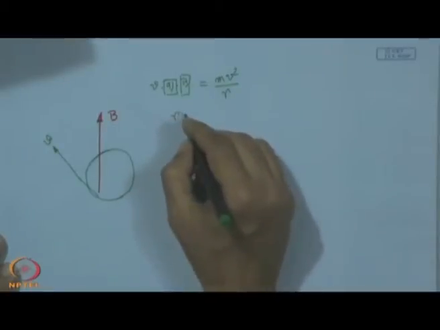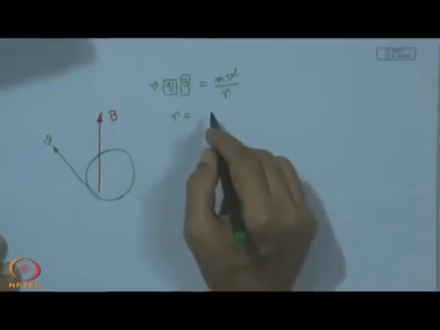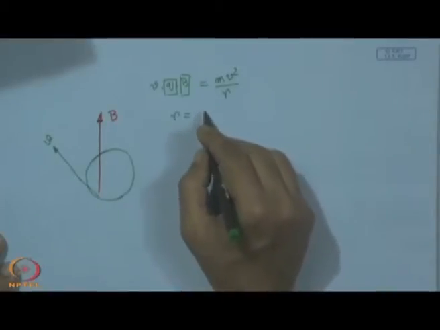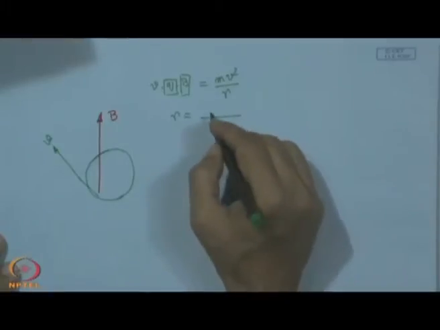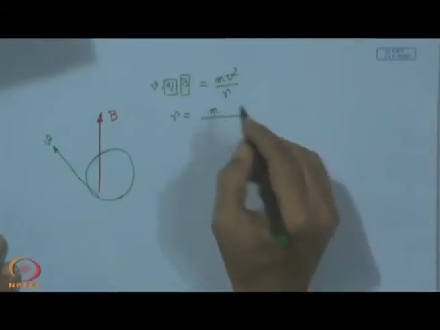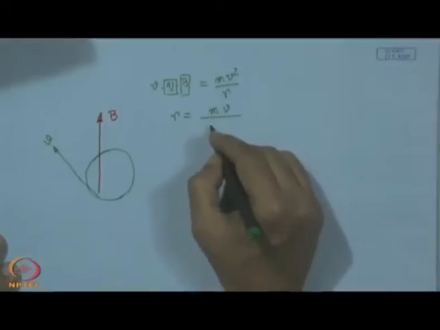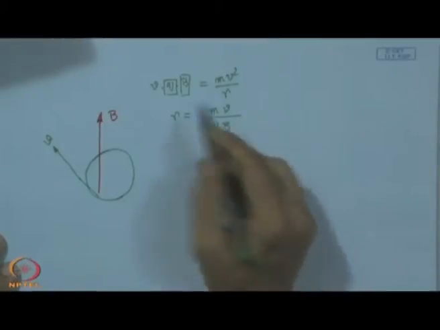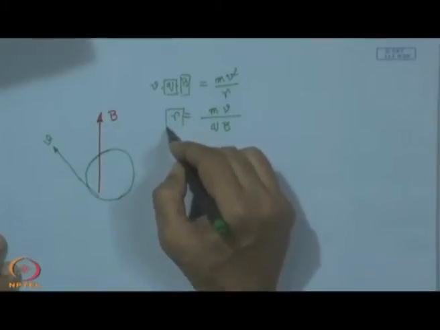From there we get this spinning radius, which is actually m v by q B. So, this is the spinning radius.